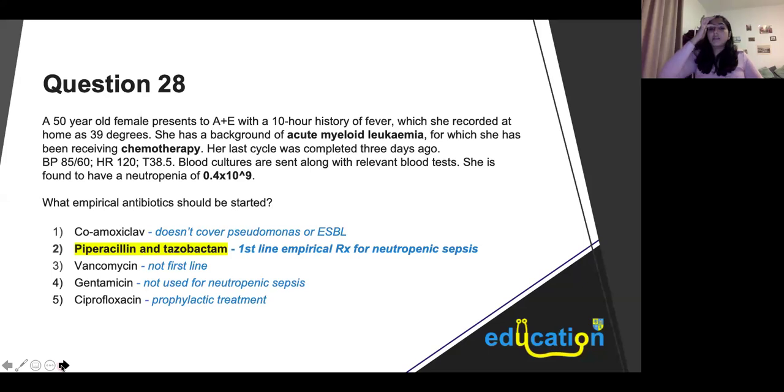So it's Piptaz. Now, I feel like it's a bit unusual to have the neutropenia. Normally, they just present with they're on chemo, they've had recent chemo, and they're unwell. And even from that, you can tell it's neutropenic sepsis and you can start them on Piptaz. You don't have to wait to have confirmed neutropenia.